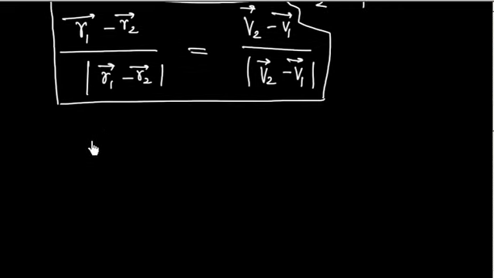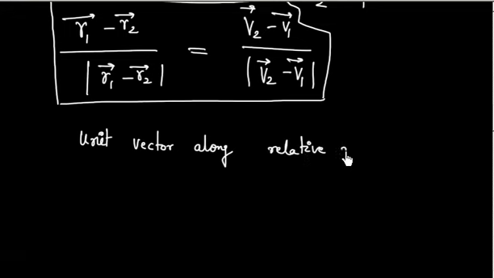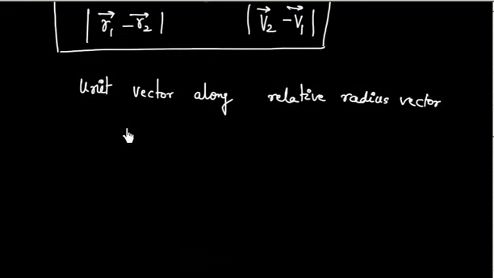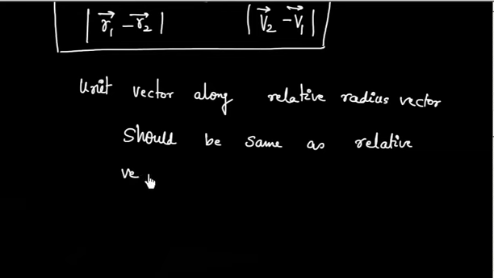So now I can write that the unit vector along the relative radius vector should be the same as the unit vector along the relative velocity vector.